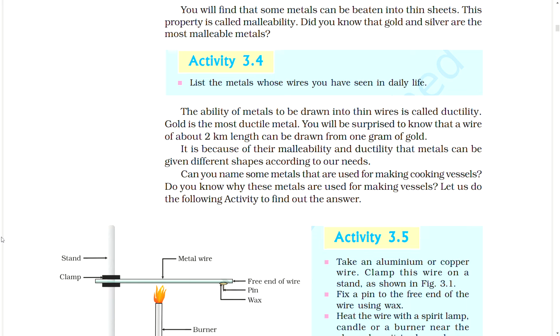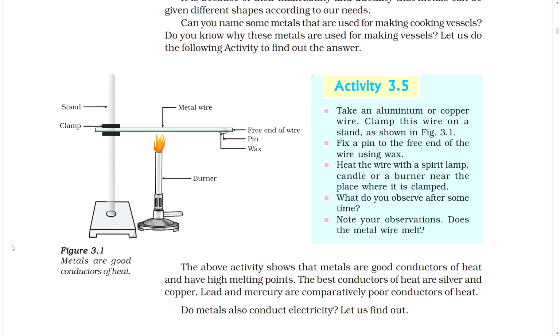Let us do the following activity to find out the answer. Activity: take an aluminium or copper wire. Clamp this wire on a stand as shown in the figure. Fix a pin to the free end of the wire using wax.